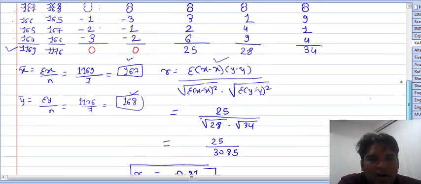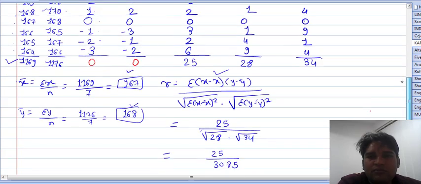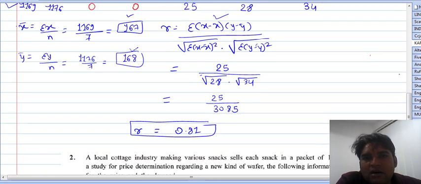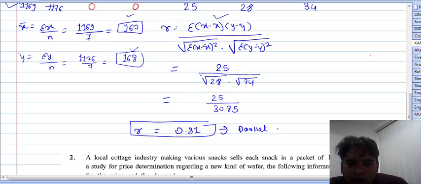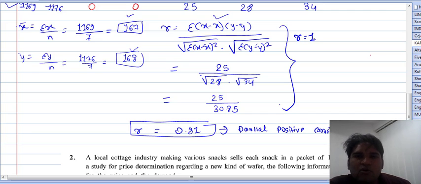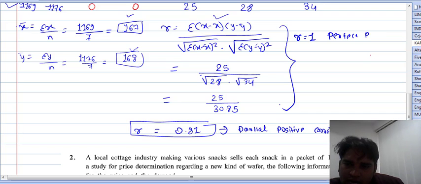That means between the height of father and height of the son, what is the relation? It is partial positive correlation. What is partial positive correlation? Now understand the analysis of r. If you get r equal to exactly 1, it will become perfect positive correlation, right?